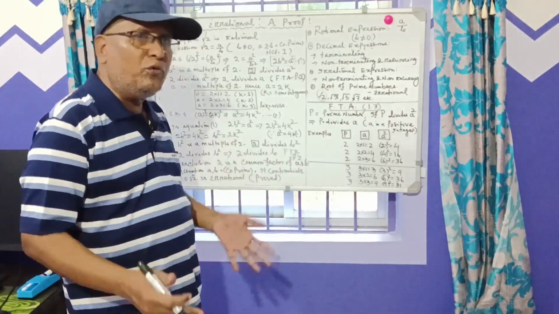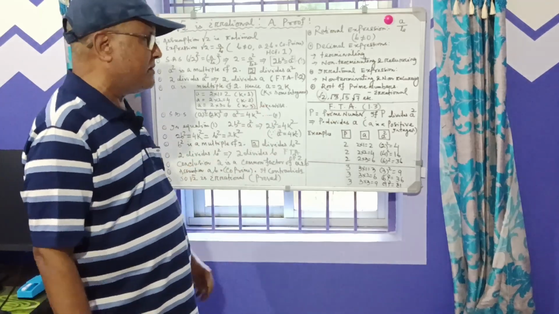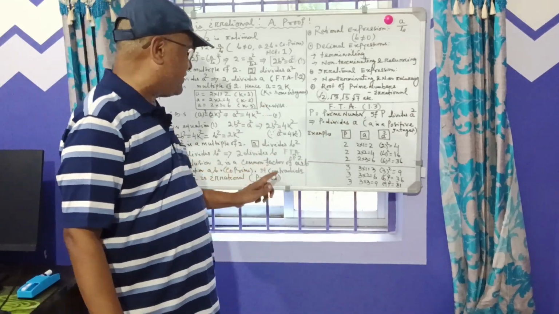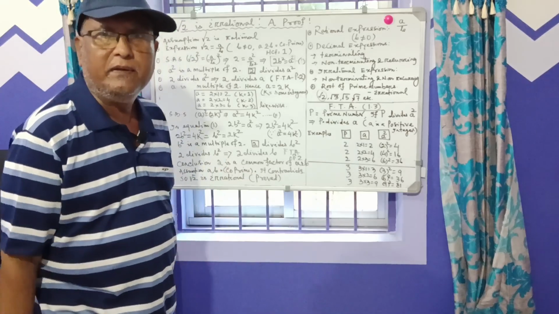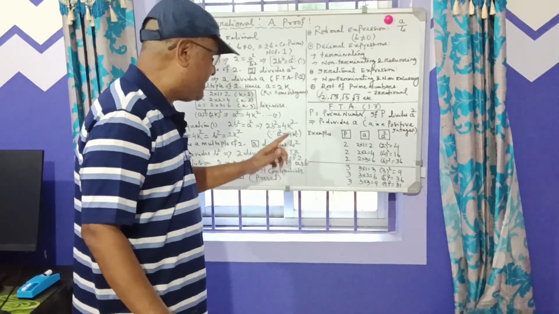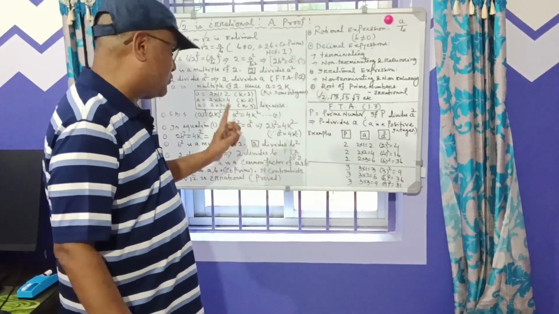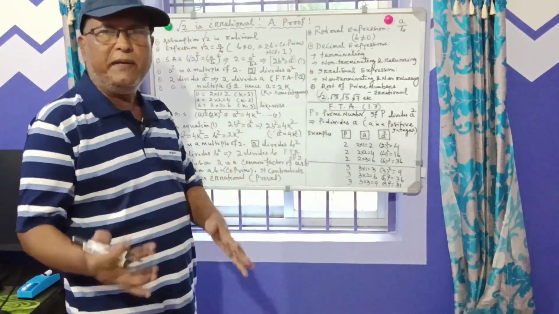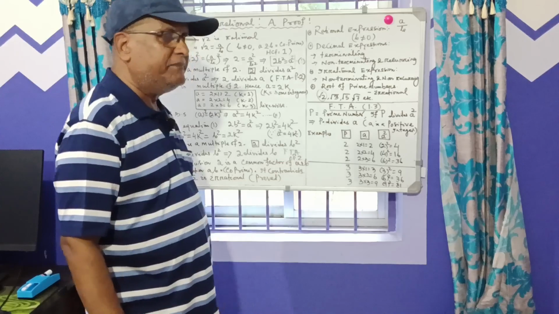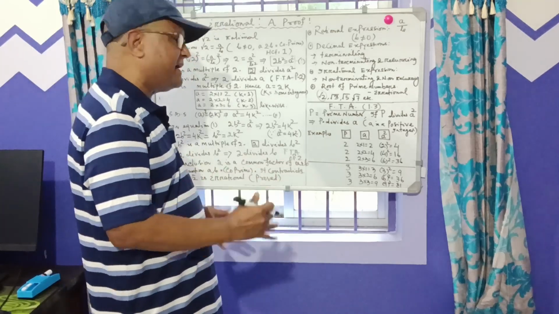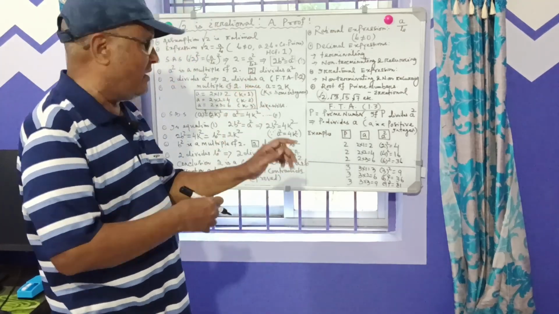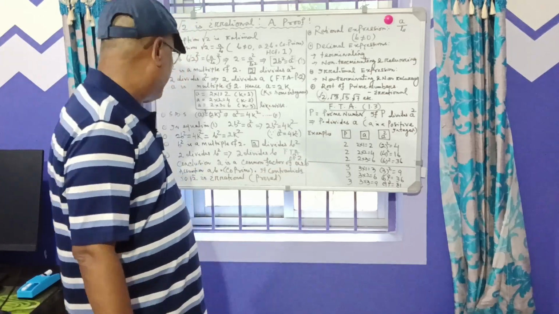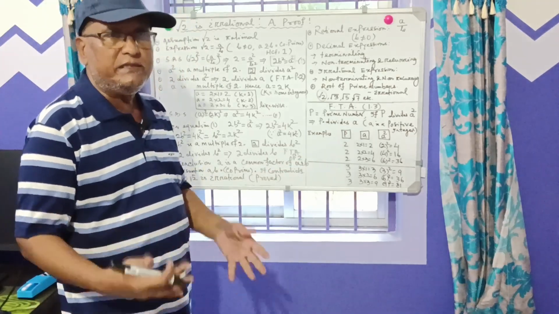Now what do we conclude? So our conclusion: 2 is a common factor of both a and b. So a has a factor 2 because 2 divides a, and 2 is a factor of b, 2 divides b. So 2 is a common factor, at least a common factor, of both a and b. But what did we assume?